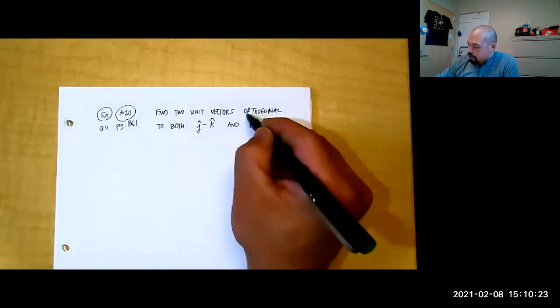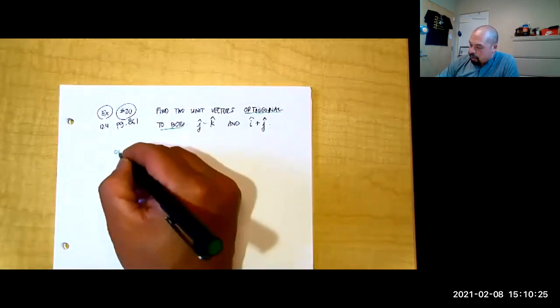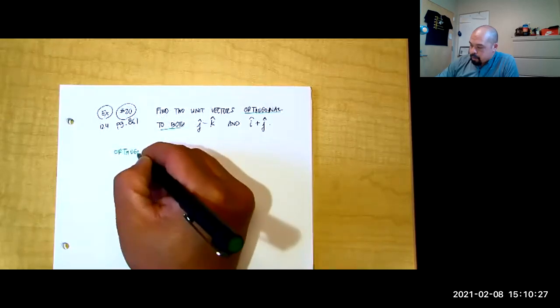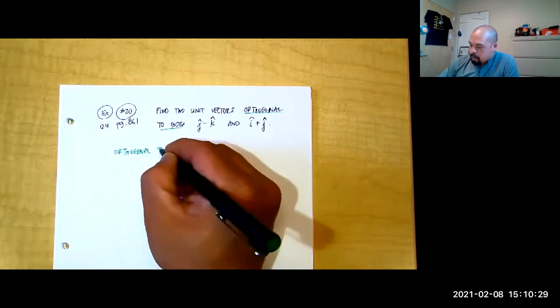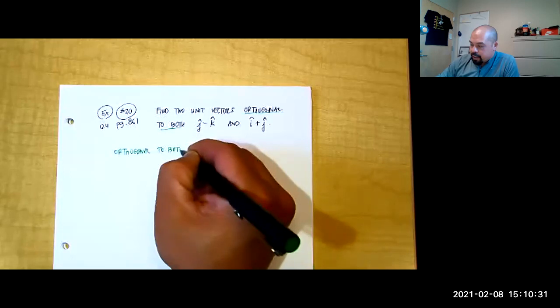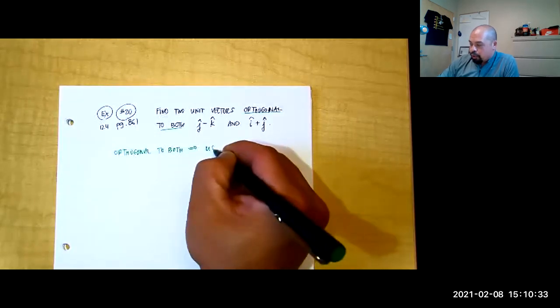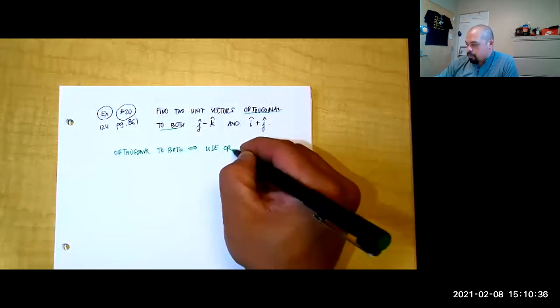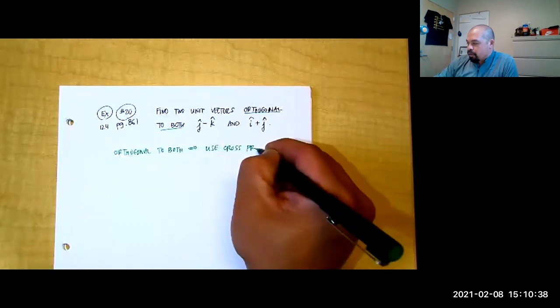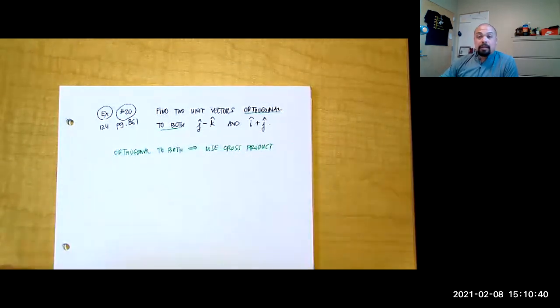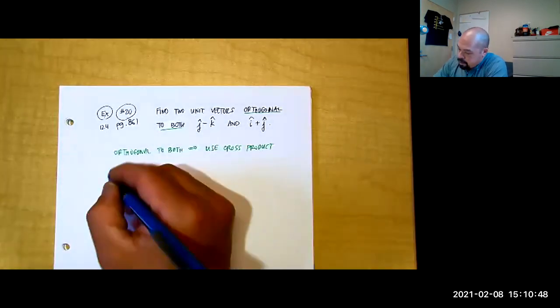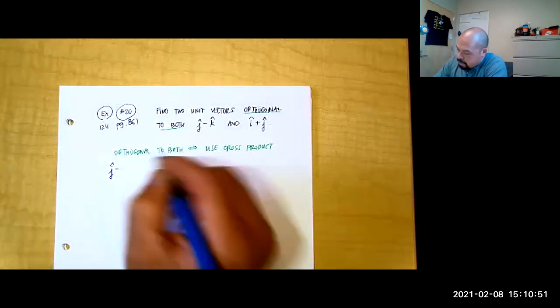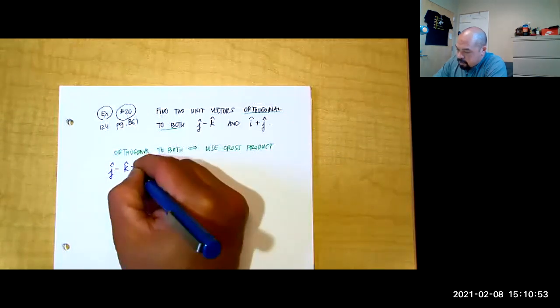So some of these key phrases here, right? Orthogonal to both of these vectors. That means we're going to use a cross product, of course. All right, so whenever we need a vector orthogonal to 2 others, that cross product comes to mind. All right, so then j minus k, right?